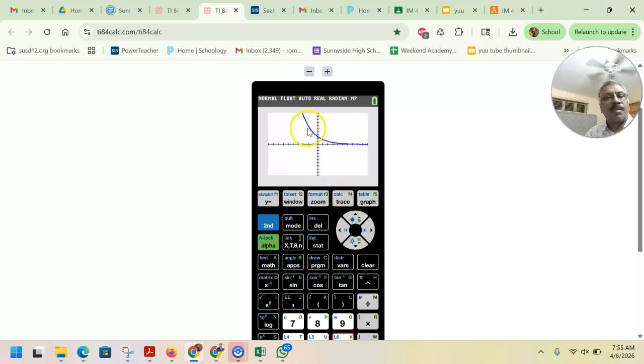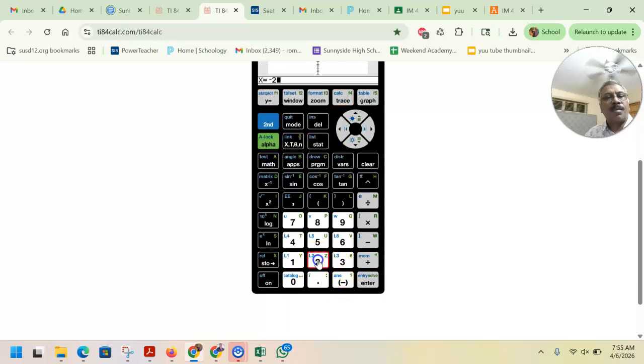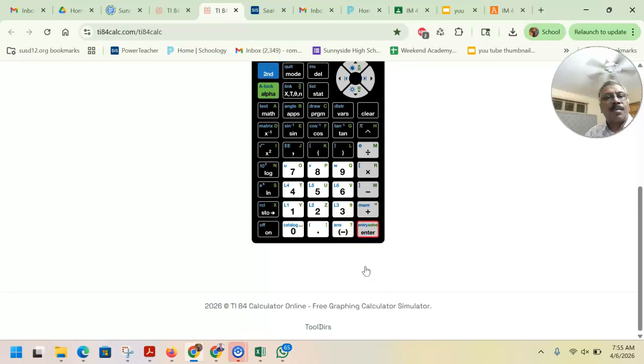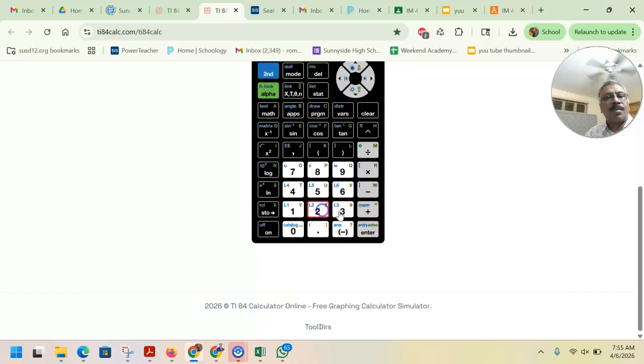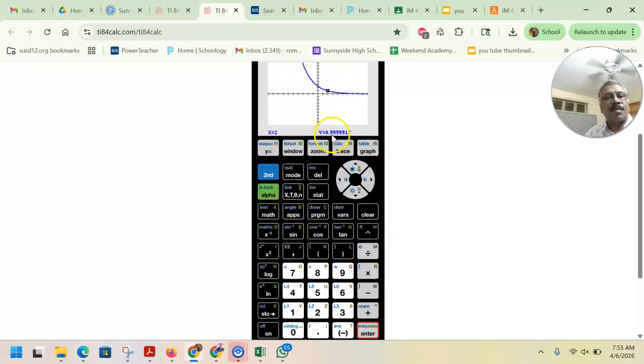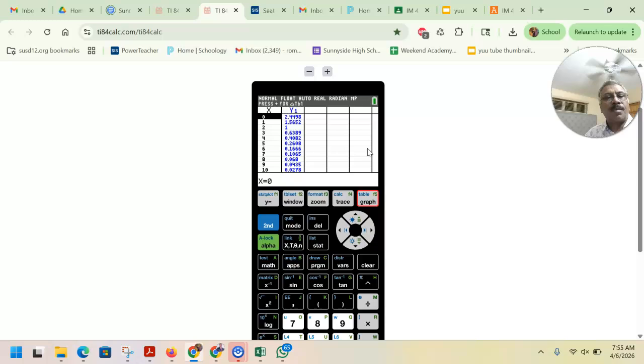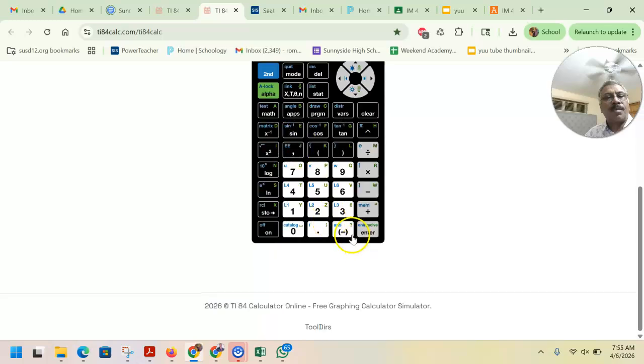And the 2 points, if you click trace and click on -2, and that's the answer. See, it is 6. And if you want to do another point at 2 and enter, you get that 1, which is 0.99, which is almost 1. Or you can click on table and just click on -2.